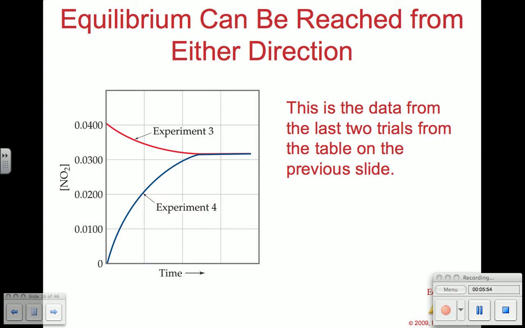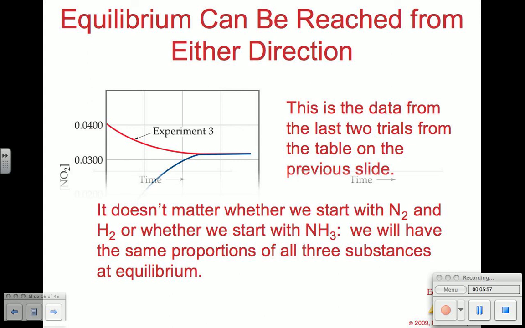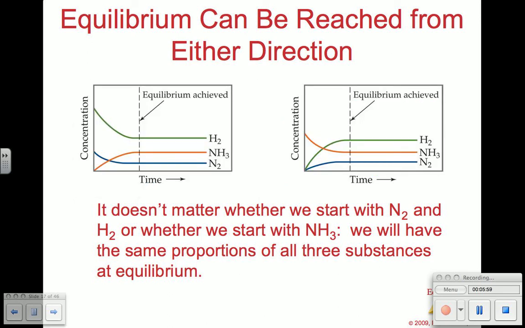So it doesn't matter whether we start with N2, so different reaction, but it doesn't matter whether we start with N2 and H2 or whether we start with NH3, so this is the production of ammonia. We will have the same proportions of all three substances at equilibrium. Depending on what your starting materials are, it determines which direction your reaction will go.